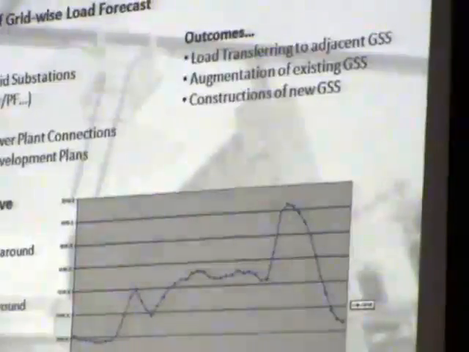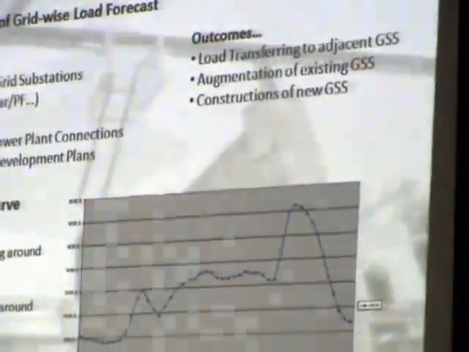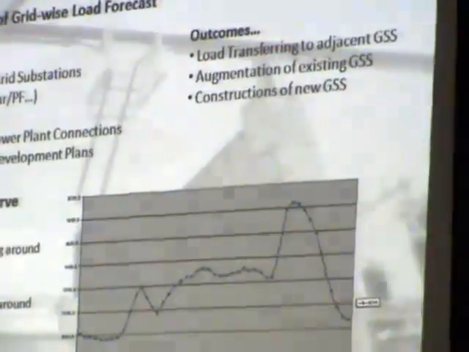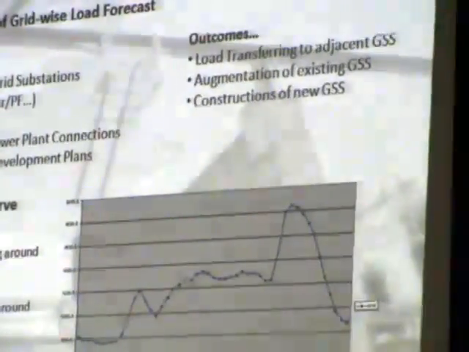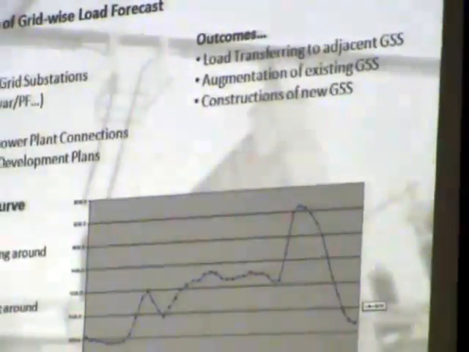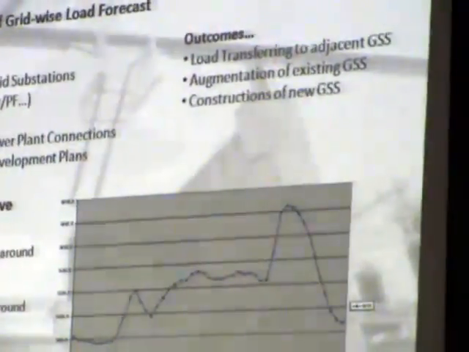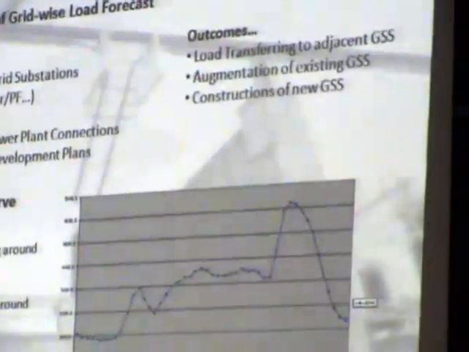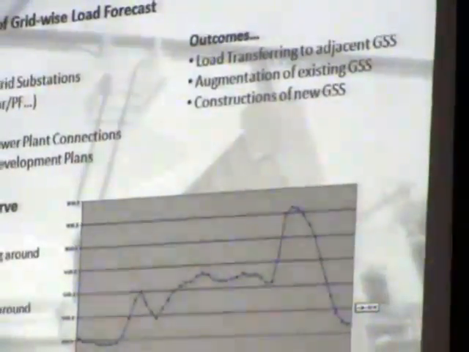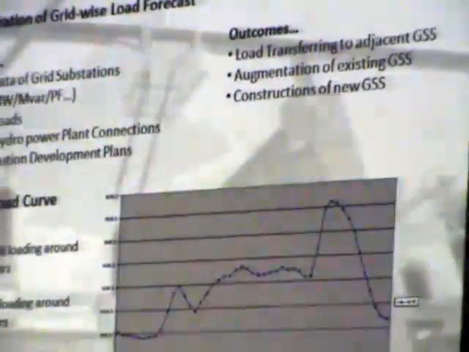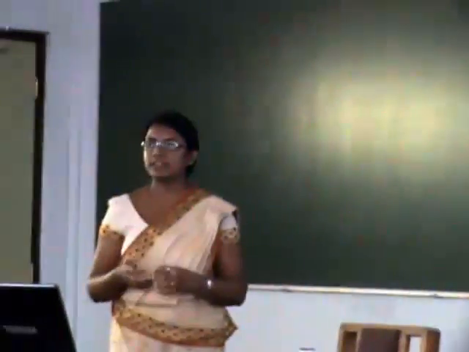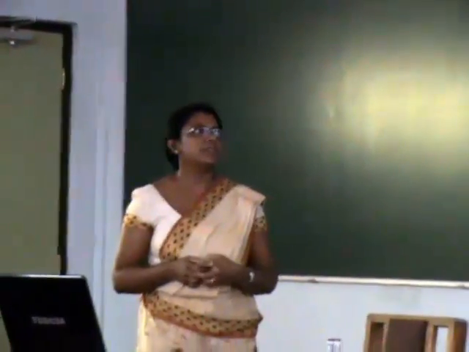These are the 3 options, 3 solutions for such loadings. The first and cheapest method is load transfer to an adjacent grid substation. If a grid substation is exceeding its capacity, we can transfer that load to Moratuwa. That is the most economical method.